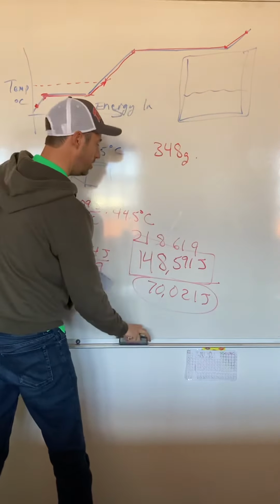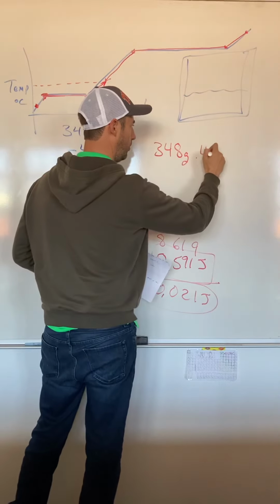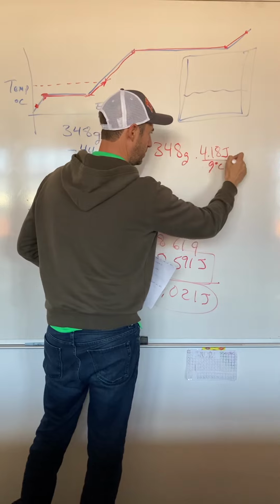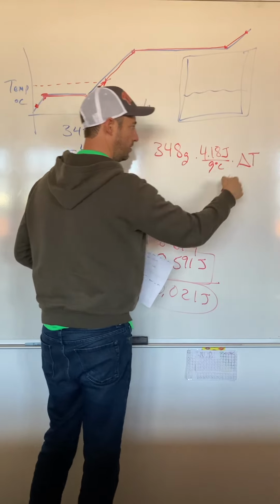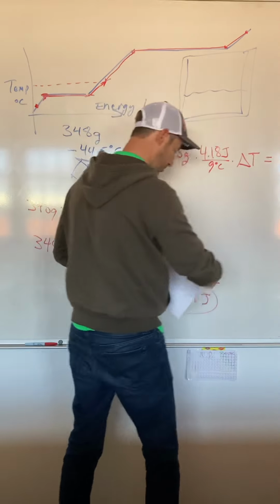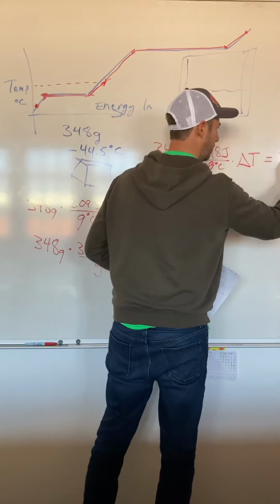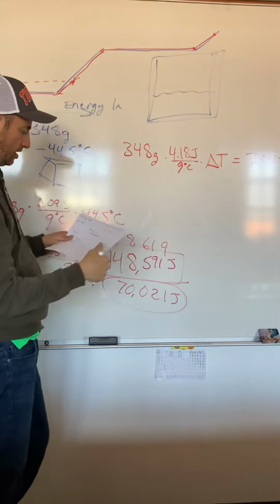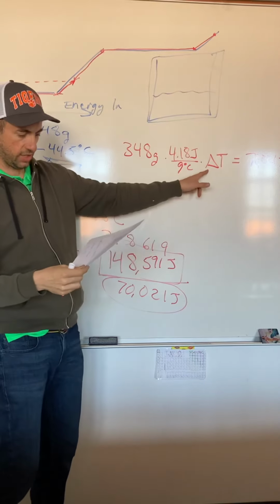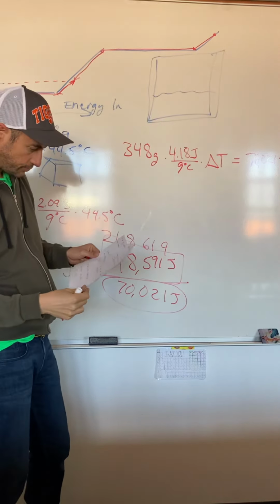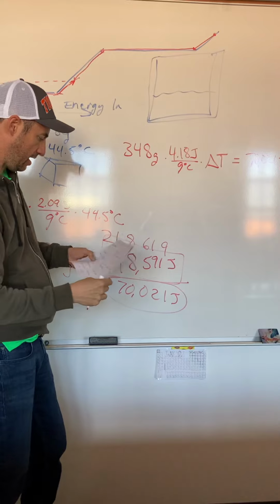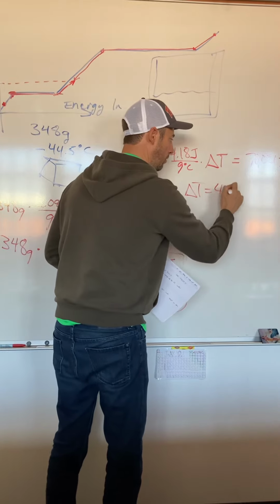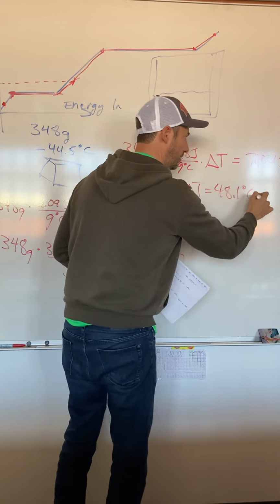So grams times 4.18 joules per gram degree Celsius times some delta T equals 70,021. I solve for the change in temperature, and I get 48.1 degrees Celsius.